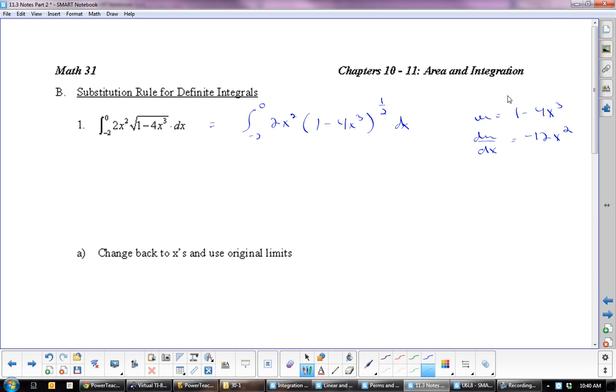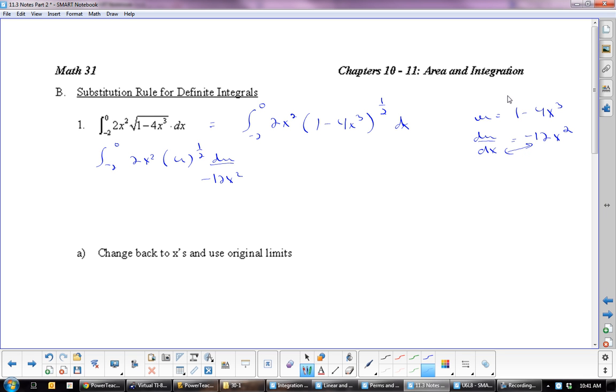Okay, so from negative 2 to 0, we'll have 2x squared, u to the 1/2. Oh yeah, these two trade, right? So this will be times du over negative 12x squared.